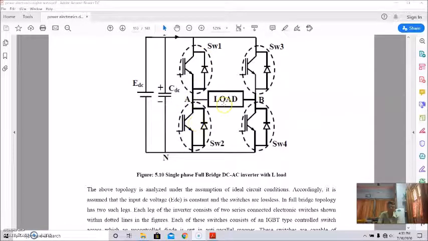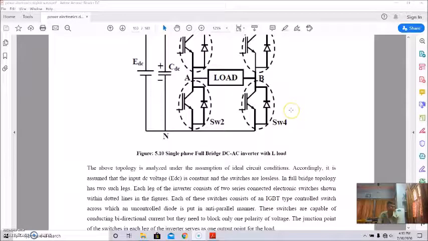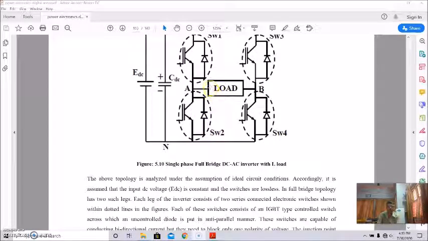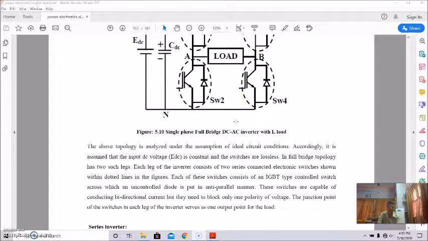These are the series connected switches, so two switches in each leg. Each of these switches consists of an IGBT type control switch, and across each switch an uncontrolled diode is put in anti-parallel manner.